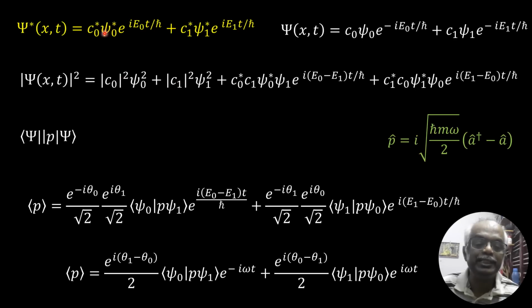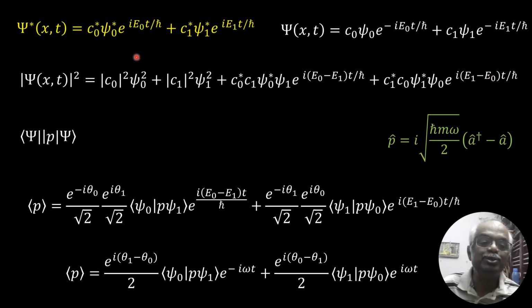If you multiply the cross terms, the first term of this and the second term of this, you get c0* c1 ψ0* ψ1 e^(i(E0 − E1)t/ħ). Then taking c1* c0, the second term and the first term, you get c1* c0 ψ1* ψ0 e^(i(E1 − E0)t/ħ).